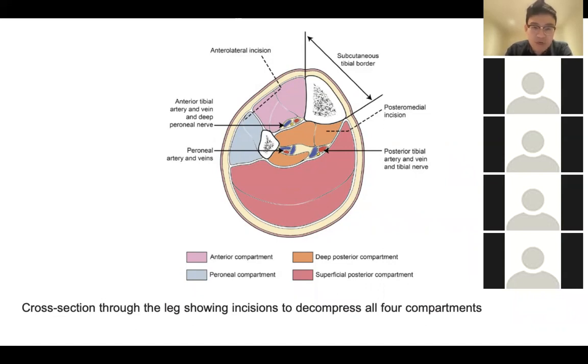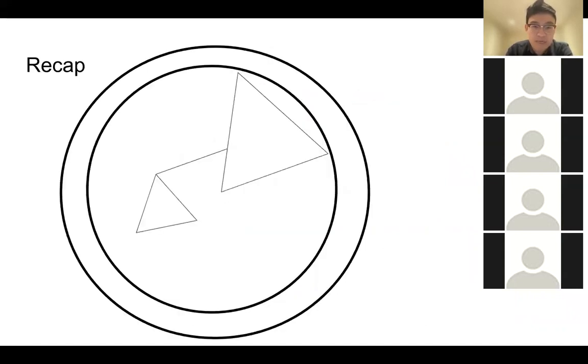There are some sensory nerves that you need to watch out for, which I'll explain. Just to recap, anterior compartment, lateral compartment through an anterolateral approach, and posteromedial incision to decompress the deep posterior and superficial posterior.